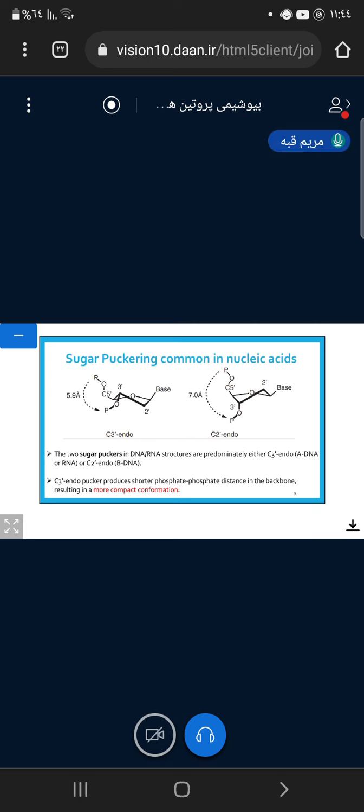خب، از بین 4 تا کانفورماسیون 3 پرایم اندو و 2 پرایم اندو رایج هستند. From those 4 conformations, 3 prime endo and 2 prime endo are more common.